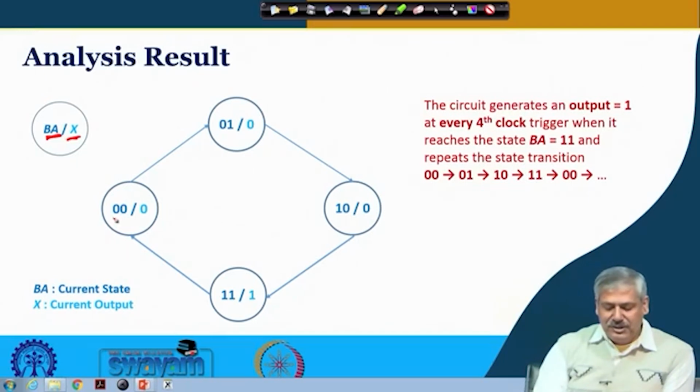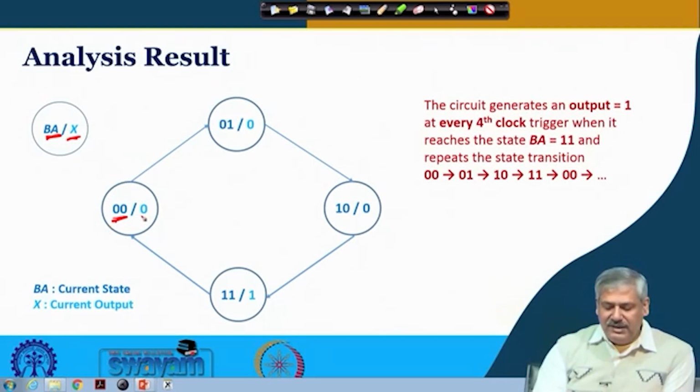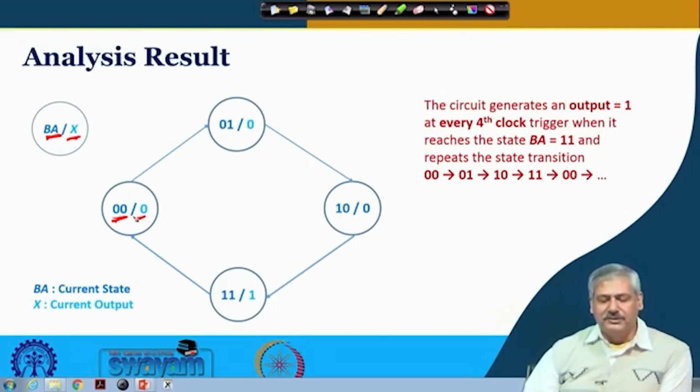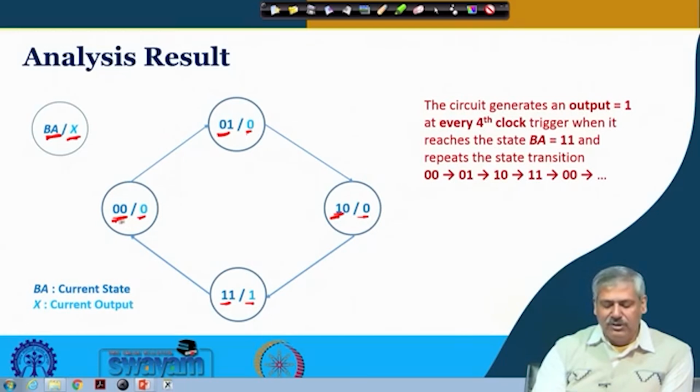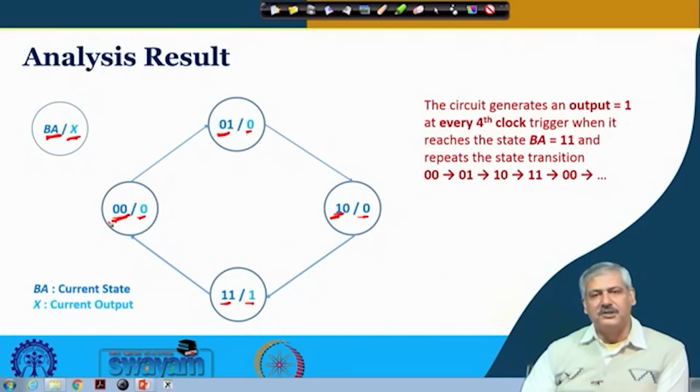So, 0 0 is the current state and the output generated at that time is 0, which we have seen in the table. The next state is 0 1, when the clock trigger comes, then 1 0, then 1 1, and at that time output is 1. On the next clock it goes back to 0 0 and keeps cycling around these 4 states.